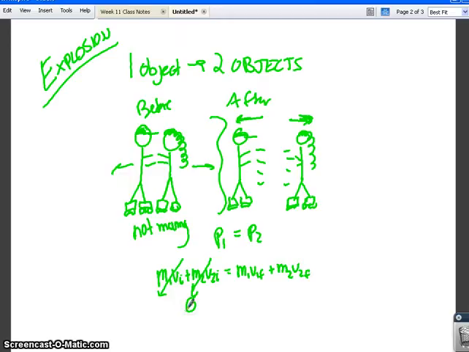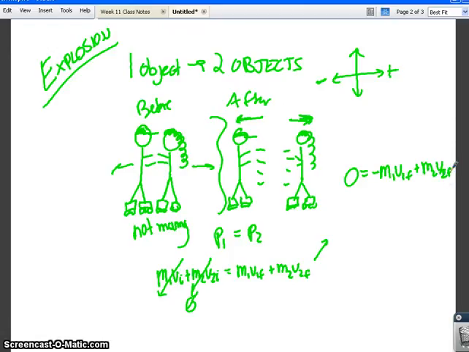And once again, we call to the right positive and the left negative. This guy has a negative velocity, so we'll say 0 equals negative m1 v1 final plus m2 v2 final.